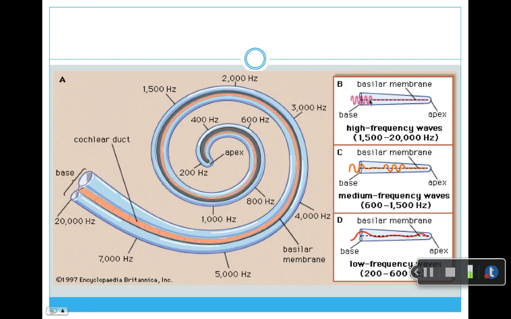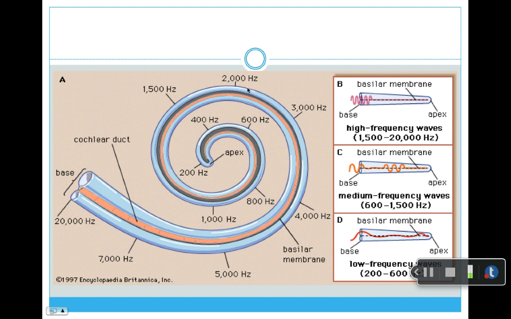The wave will excite, and then it'll disappear. If it's a low frequency, the wave has to travel farther along. It'll travel. It'll hit its mark. The outer hair cells are going to move up and down, and it'll disappear. So there are outer hair cells for every frequency of sound that we hear.